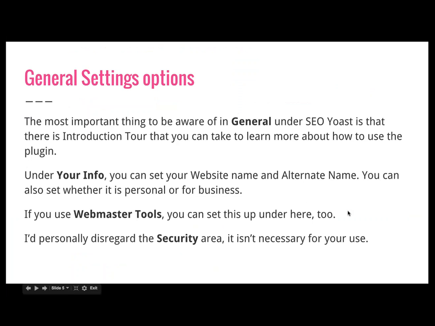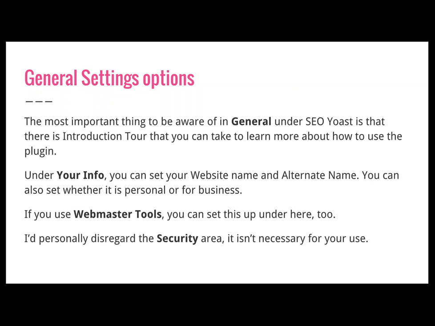All right. General has a lot of information in it. The most important thing to be aware of in General is that you're able to go through a tutorial and a walkthrough to see what all SEO Yoast has to give to you. You can update your information.